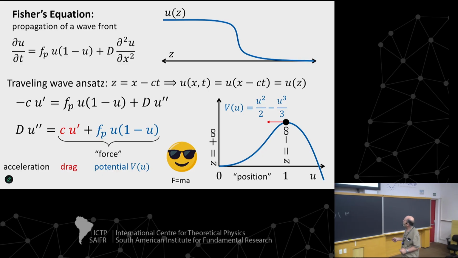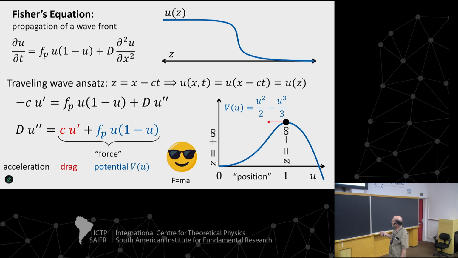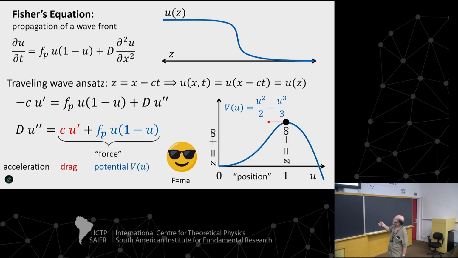So the physicist can just interpret the solution of this equation as the motion of this particle in this nonlinear potential. The particle will be initially at the top of the hill of this potential at z minus infinity, which is the condition over there to the left. And it will have to move to the left in the potential, which is this motion here, and it will have to reach 0 at z plus infinity, which is over here.